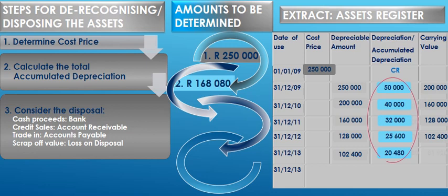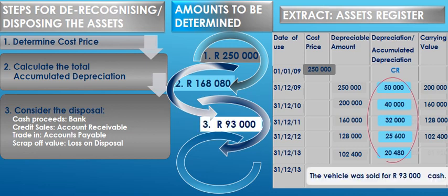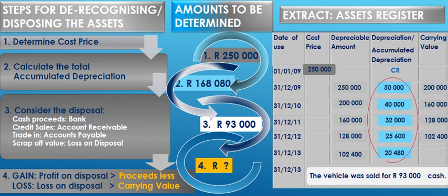Or if the asset is scrapped, then the loss on disposal account will be created in the general ledger. In this case, the asset, according to the asset register, was sold and the entity received a cash amount of 93,000 rand.